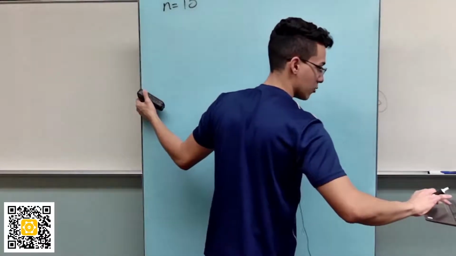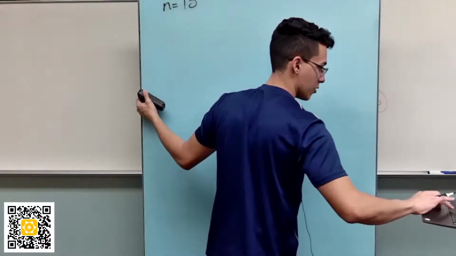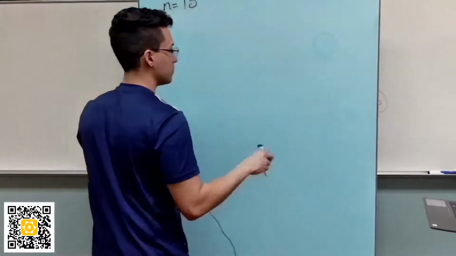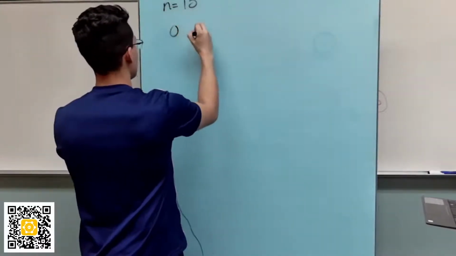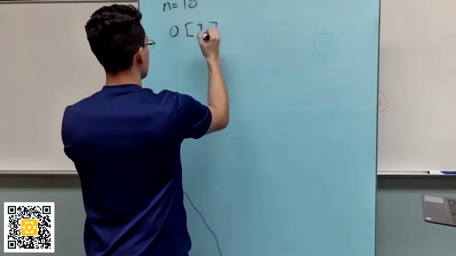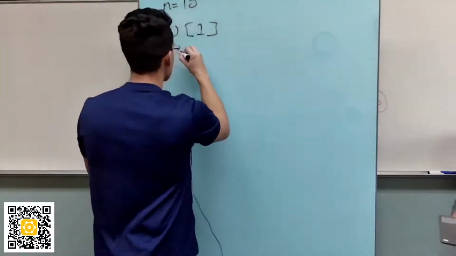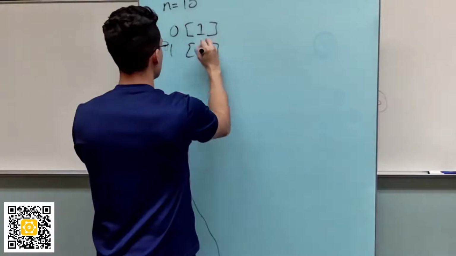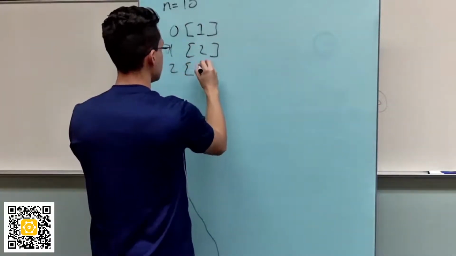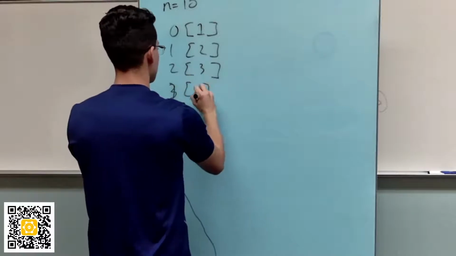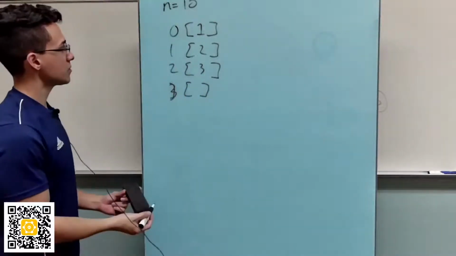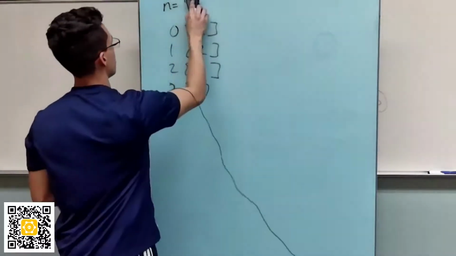I'm actually going to number them. Room 1 has a key for 2. 2 has what? 3. And 3 is empty? No, it's 4.